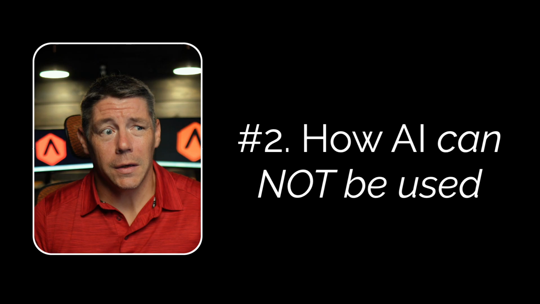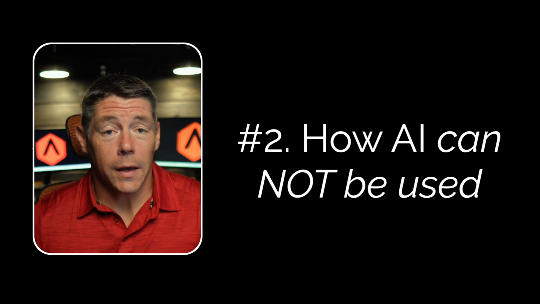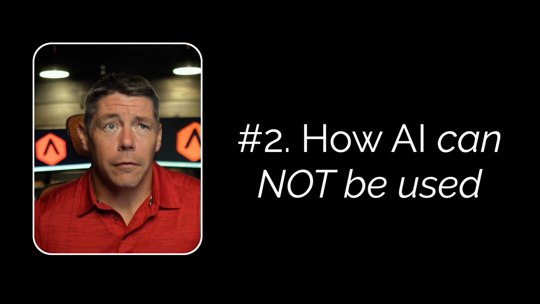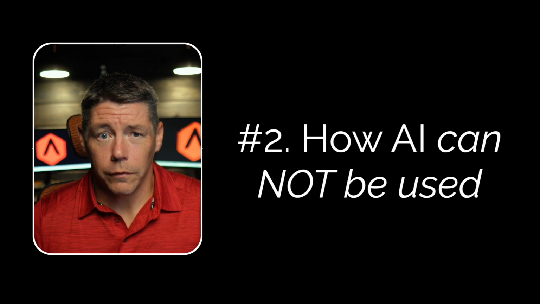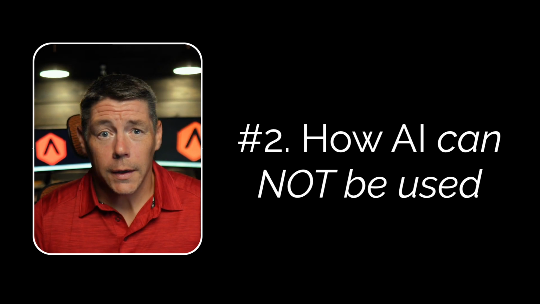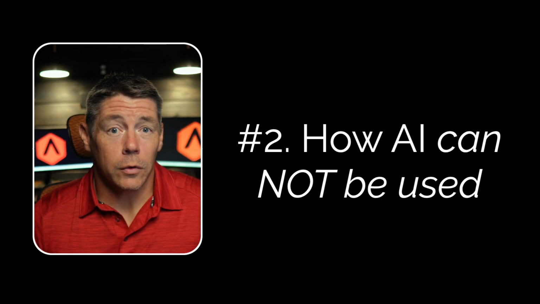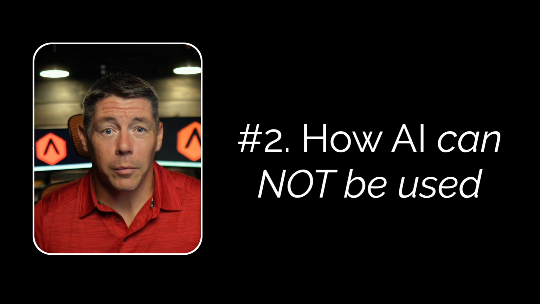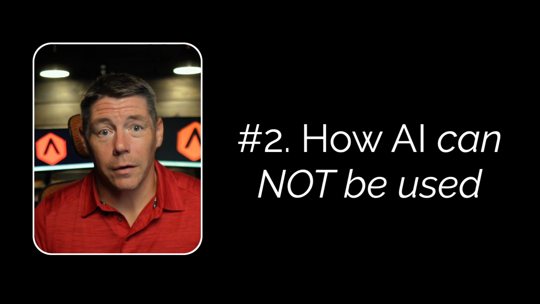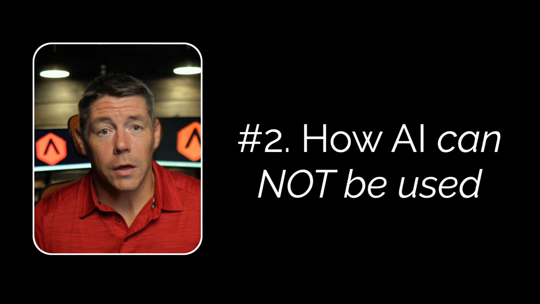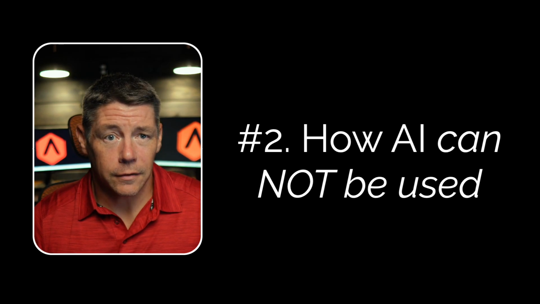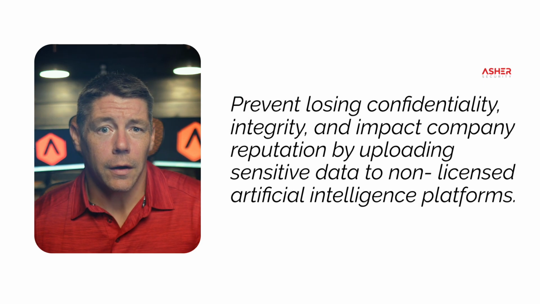Some of them might be that if you generate anything with AI, you need to have someone who owns the review of that before it's approved. Maybe a statement is you don't use any other AIs than the company-approved, sanctioned, licensed one. Maybe another statement is don't use any open source non-licensed AIs. So this is your opportunity there.